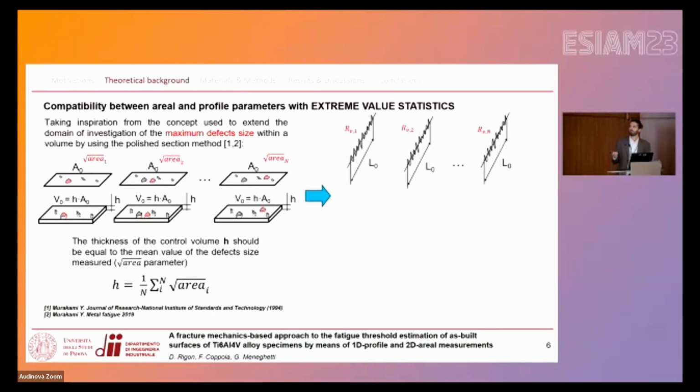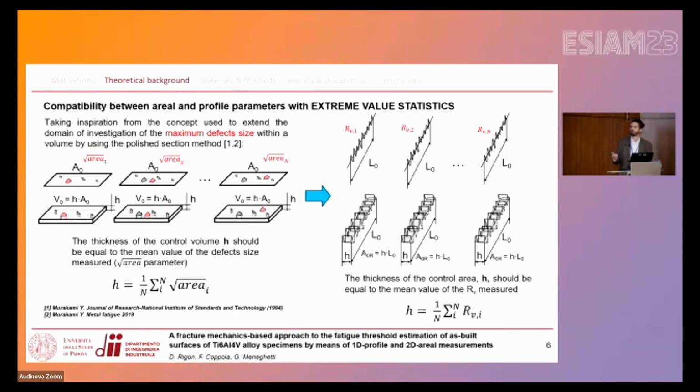So if we have information in the one-dimensional domain, like the Rv parameters extracted from a profile, we can take inspiration from this approach to extend this profile to an area investigation by multiplying the control lines by the h value, which in this case is the average value of the Rv measured in several profiles.